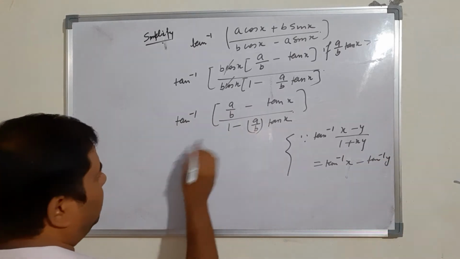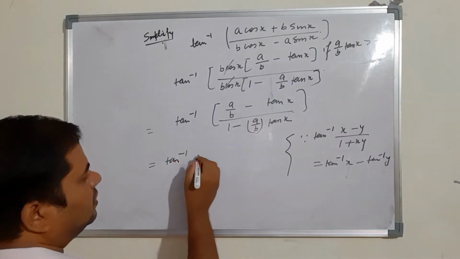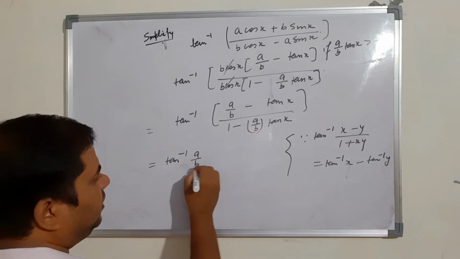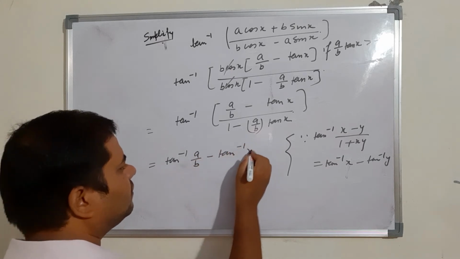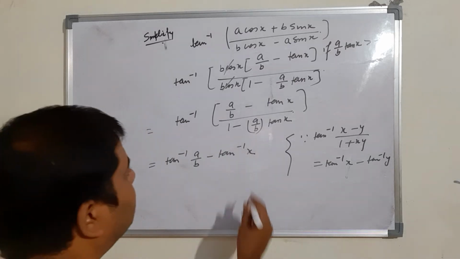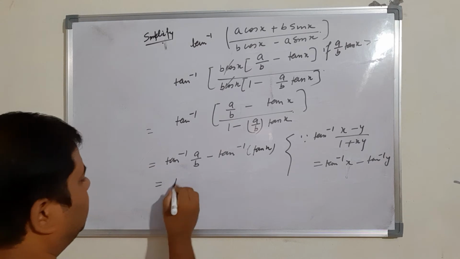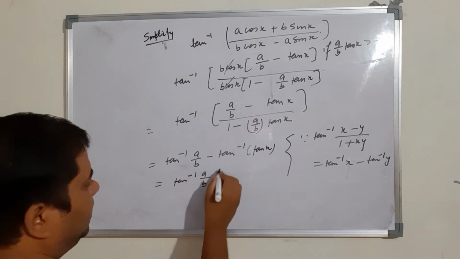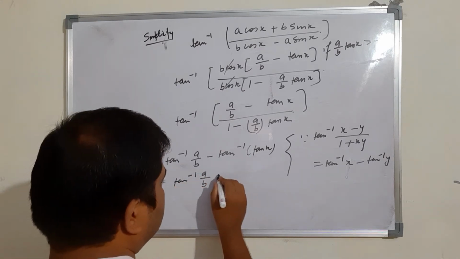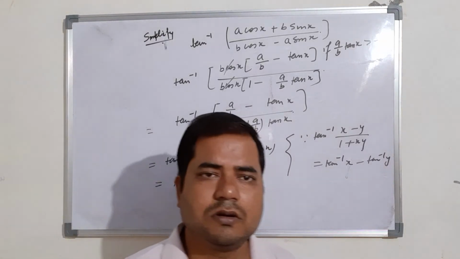To simplify it, this becomes tan inverse a by b minus tan inverse of tan x, which is x simply. So this is the solution of this particular question.